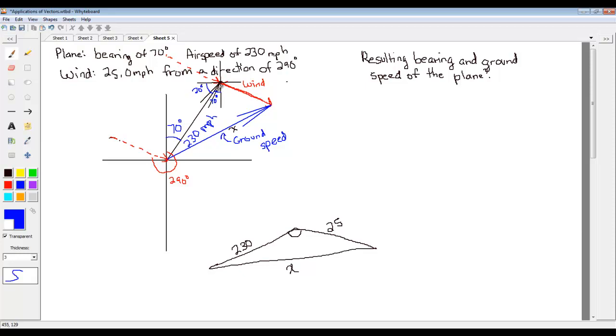Ultimately, I need to find this full angle here. Can I do that? Well, if that's 70, I know this here has to be 20. So then I know, if this is 20, that's 20.